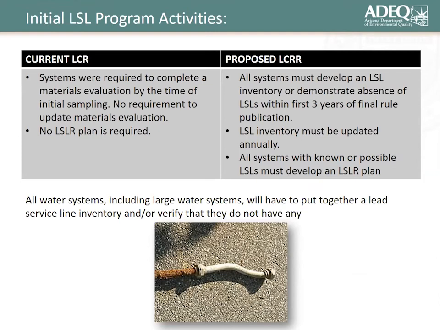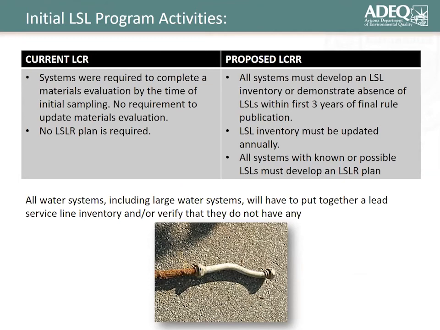Okay, so getting into the lead service line program activities under the current rule versus the proposed rule. I've been working under the Lead and Copper Rule for about 5 years with ADEQ's drinking water program, and very, very few systems, only 2 I can think of off the top of my head, have reported any lead service line inventories.